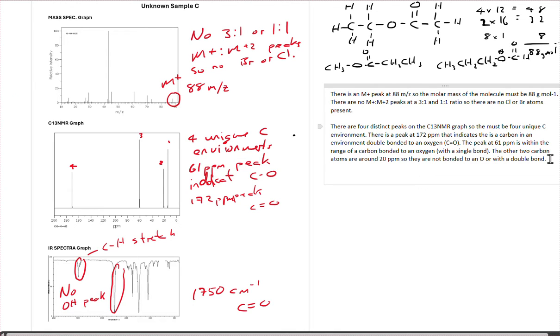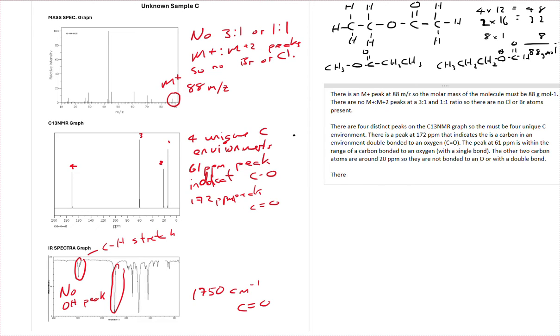The third graph. So, oh yeah, we could talk about the C-H stretch. I'm not going to here. Most times I'm not going to, because it's not going to add a lot to my explanation. But what I am going to talk about is there is a prominent peak at 1,750 cm⁻¹.